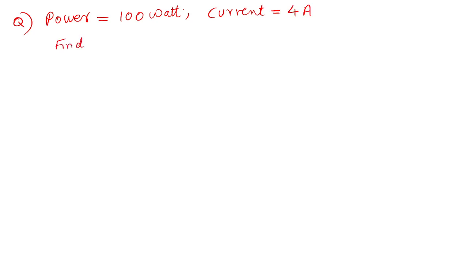Find V. If you know the formula, you can do it. Find the voltage or potential difference. It's a very simple question. Okay, find the voltage and resistance. The two questions are there. It's a very simple problem.